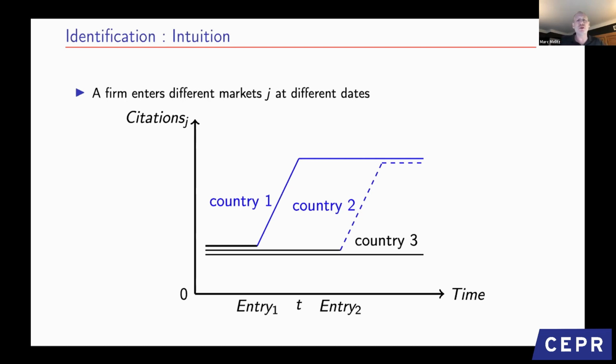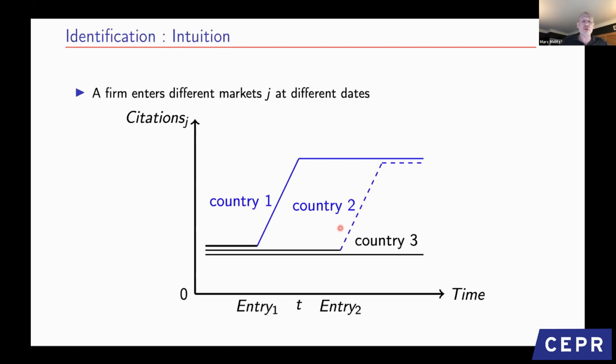Just to give you the intuition for that, for all of these French firms at any given period of time t, we're going to observe the sequential pattern of destinations that this firm has entered. It's entered country 1 a little bit earlier.